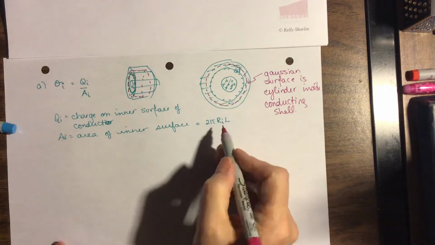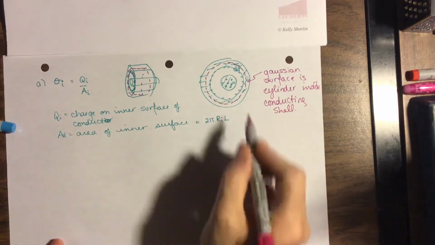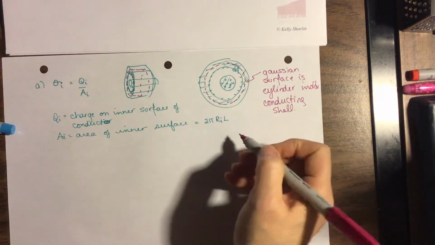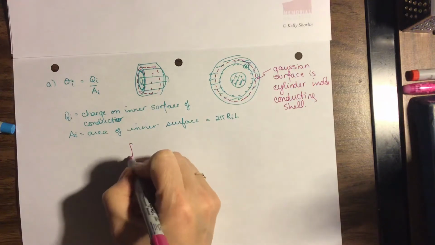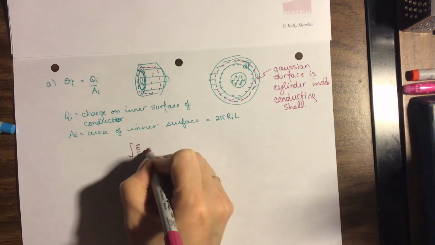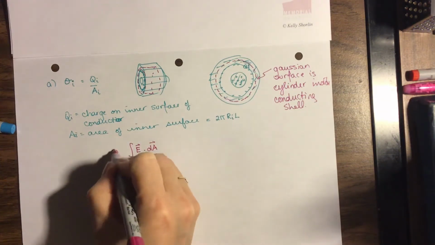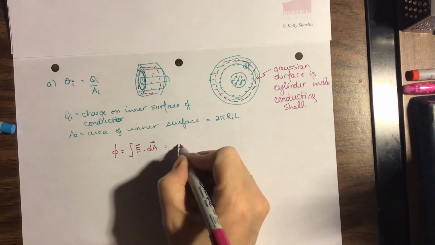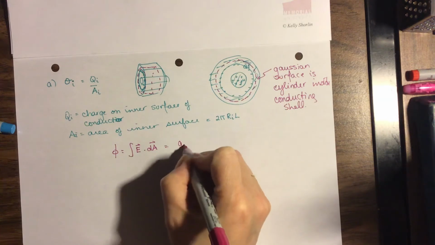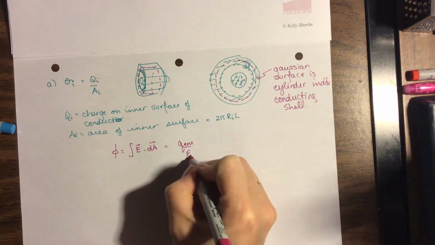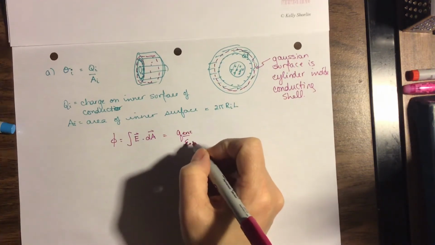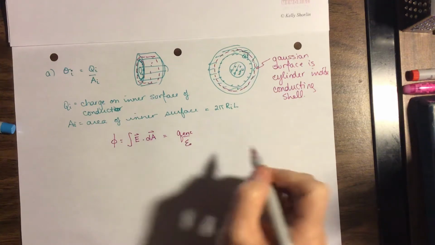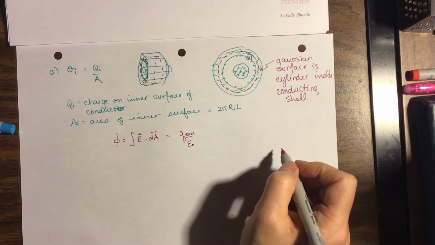Okay, so if I've picked my Gaussian surface, I'm thinking about charge, I'm going to write down Gauss's law next. Integral of E dot dA is the net electric flux through any Gaussian surface, equals the charge enclosed by the surface divided by epsilon naught. Now here's where the properties of a conductor in electrostatic equilibrium come in.